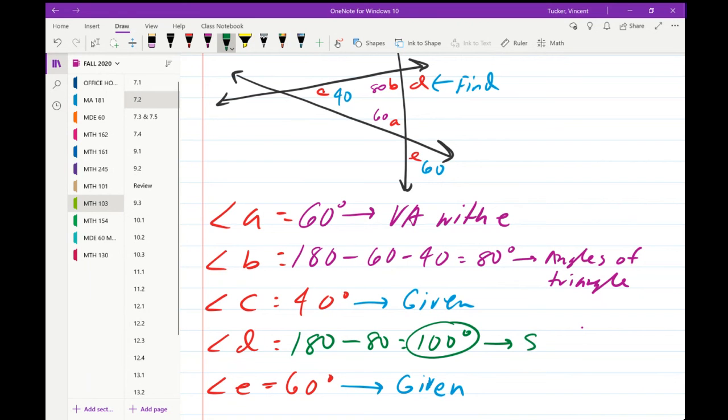And that's because it forms a straight angle with angle B. All right. Questions on that? Very good. Everybody straight.